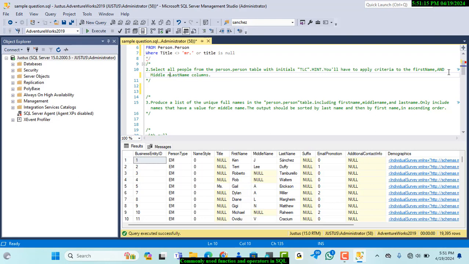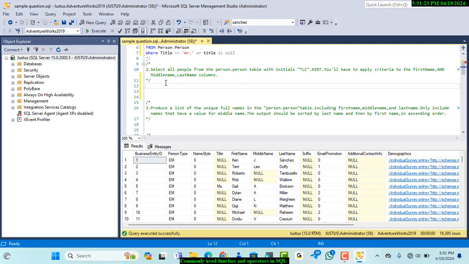Include it. So anything with T in the first name, the initial T must appear in the first name. Again, L must appear in the middle name, and C must appear in the last name.